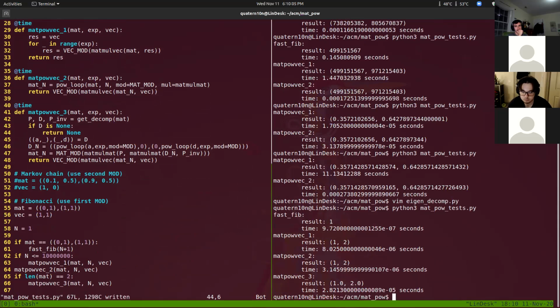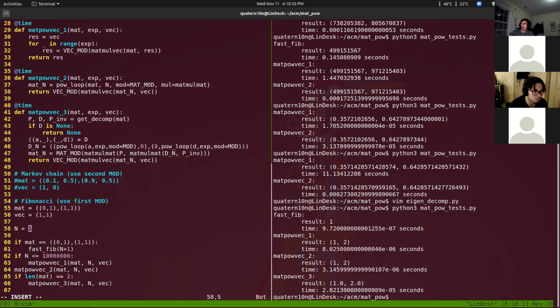If I do this here, we'll see that the first Fibonacci is 1, and then the vectors are all going to be 1, 2, 1, 2, 1, 2. So it did 1 power correctly. Just to point it out, there are 3 matrix multiplications done in this one. Otherwise, the POWs are just done on individual elements. So this thing does literally a finite number of matrix multiplications every single time.